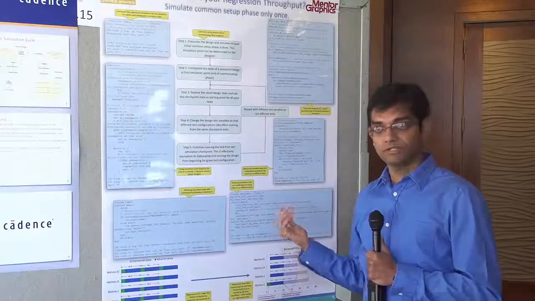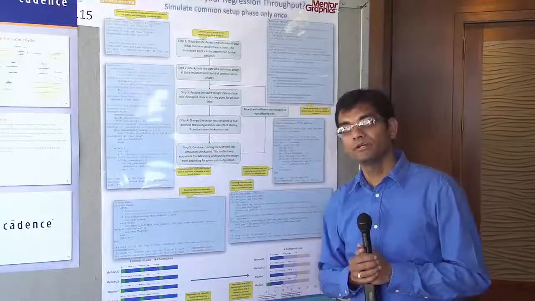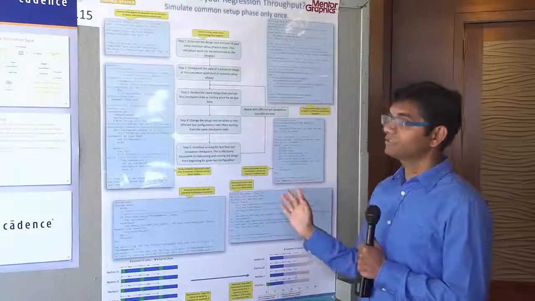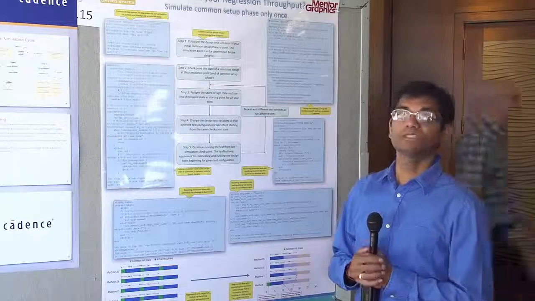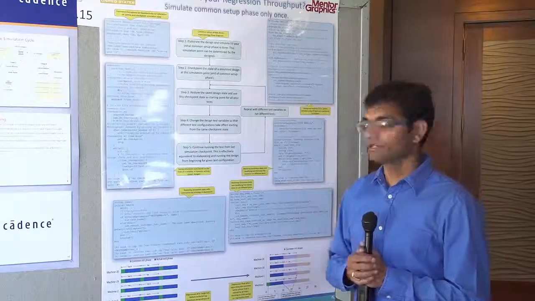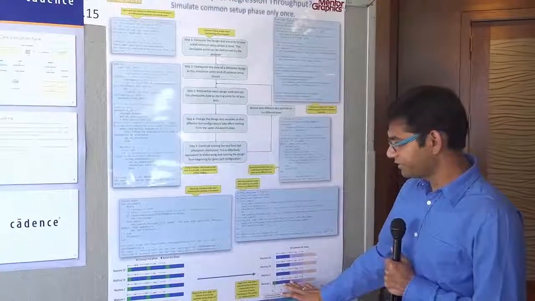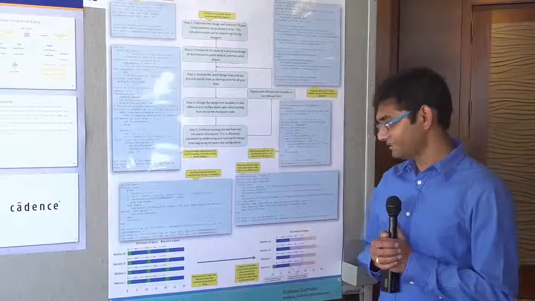It works with all kinds of HDL, SystemVerilog or VHDL, and it works with UVM very well. It does not work with randomization, although you could change the randomization just after elaboration, but not after runtime.